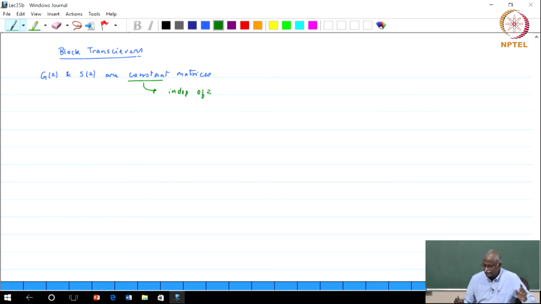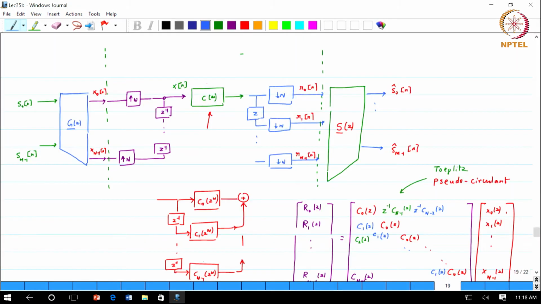Now, why is this important? Let me just go back to this one. If G(z) was a polynomial instead of a constant, what will happen? It will already introduce memory between the successive blocks. What we are saying is at the transmitter, I am giving you a signal that does not have memory. Whatever is the current input data, that is what is getting to you.